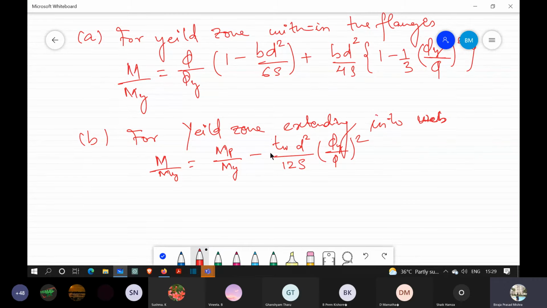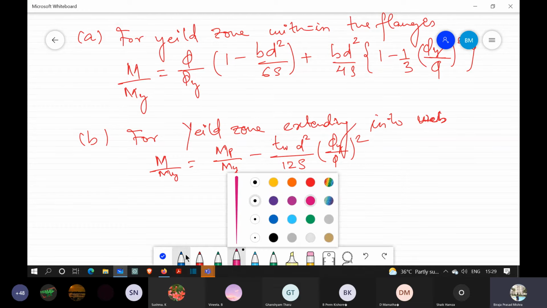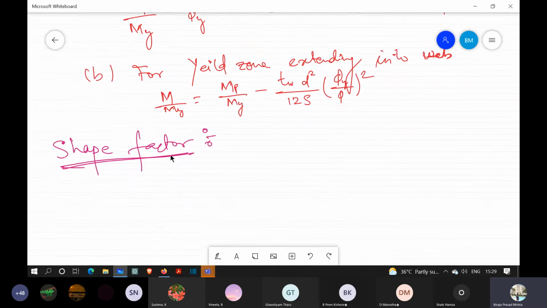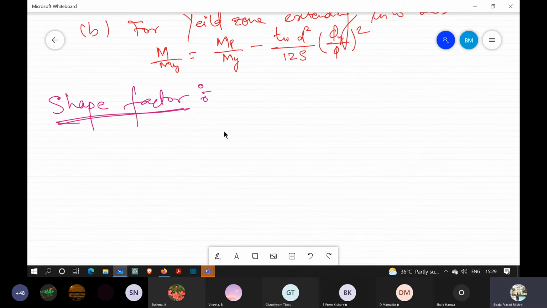Now we have another concept called the shape factor. Okay, so please write this one. Next concept is the shape factor. From this topic you will definitely get one numerical question. We'll do that based on that. Okay, so now what is the shape factor?